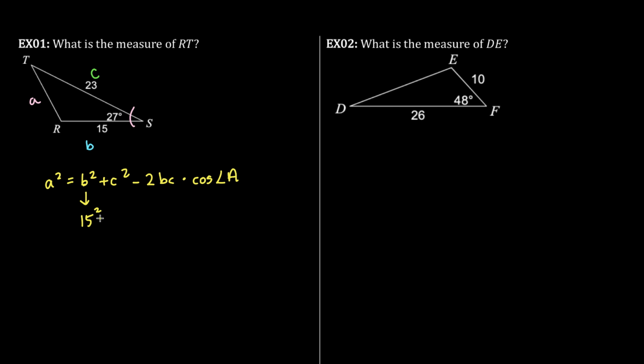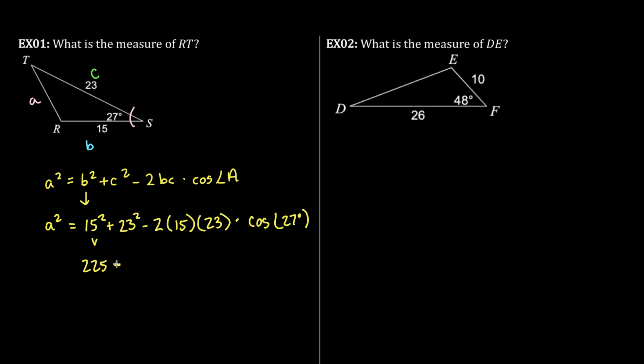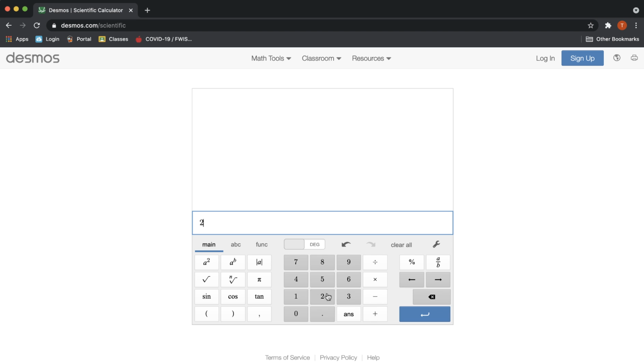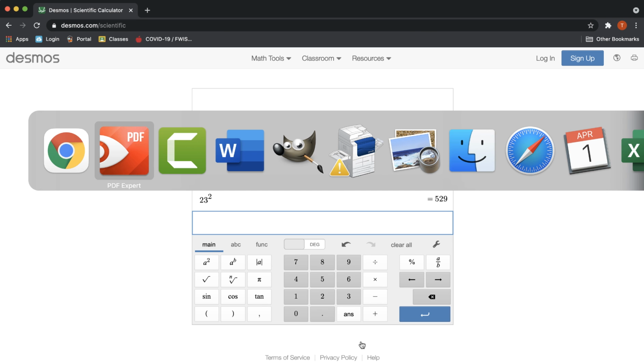So A squared, we don't know A, equals 15 squared plus 23 squared minus 2 times 15 and 23 times cosine of angle A. Angle A was 27 degrees. Now we just do the math. So 15 times 15 is 225 plus 23 times 23. So 23 squared is 529.